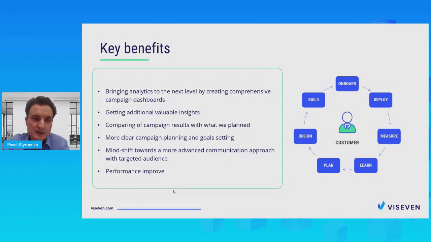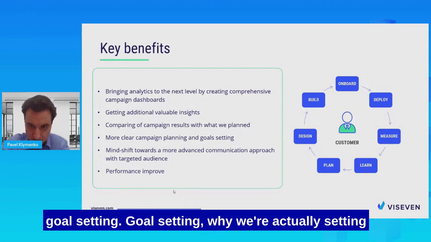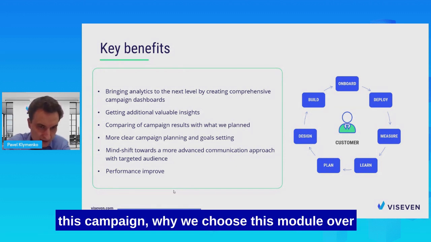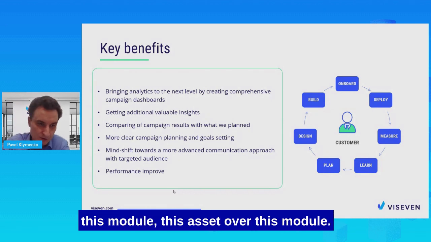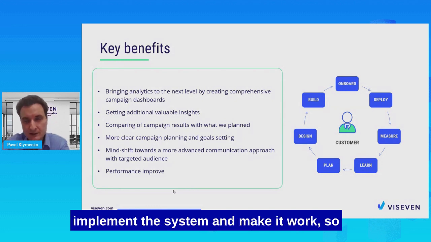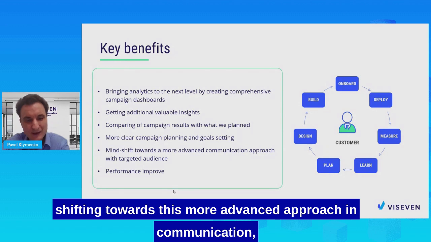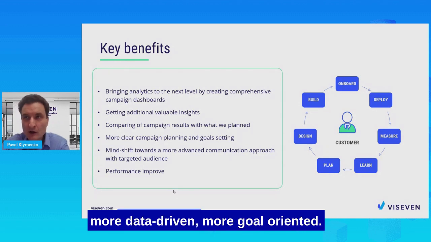The next one is that it also gives us clearer campaign planning and goal setting. Why are we actually setting up this campaign, why do we choose this module over that module, this asset over that one? And slowly but surely, when you implement the system and make it work, there will be a mind shift towards a more advanced approach in communication, more data-driven, more goal-oriented.